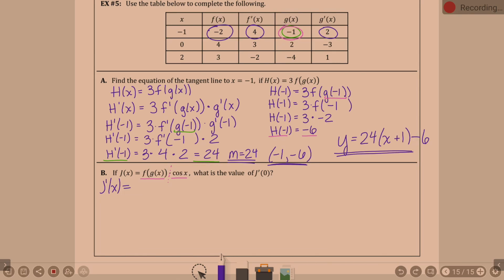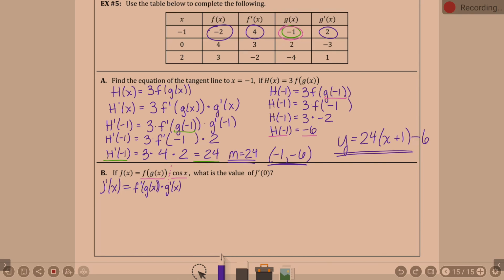We'll plug in 0 eventually. Derivative of f of g of x is f prime of g of x, that's the derivative of the outside, times g prime of x.